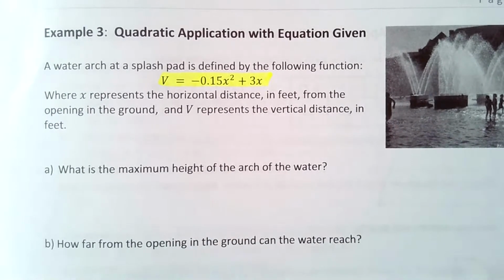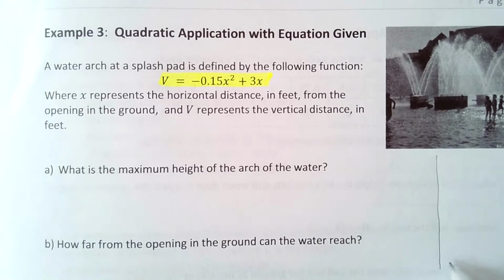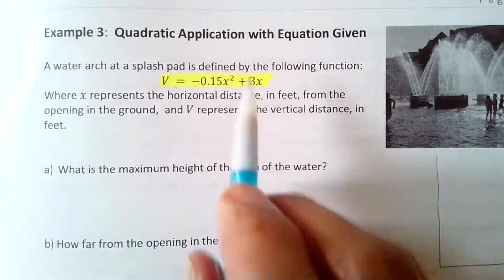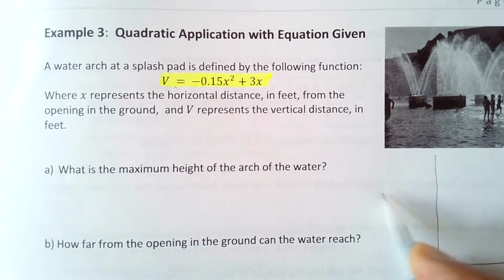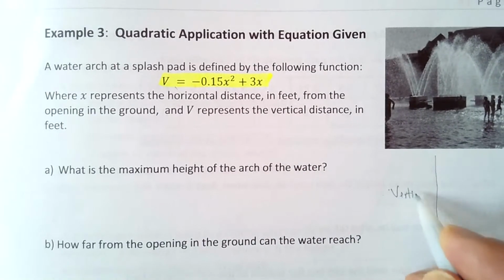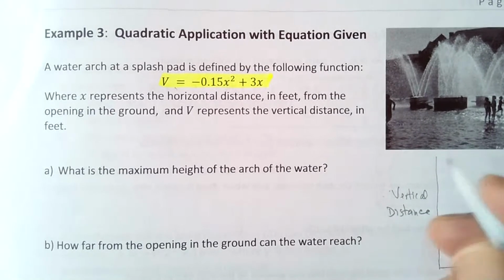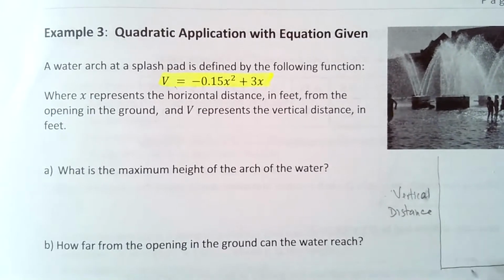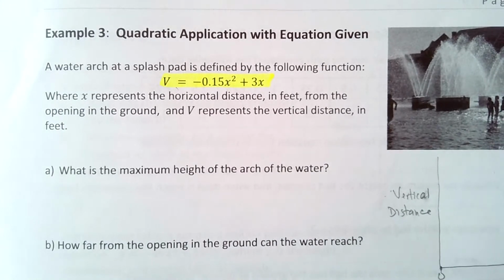Okay, so let's do a little sketch here. So we have our x here. So this is the vertical height, vertical distance. And then on our x-axis, we have the horizontal distance.